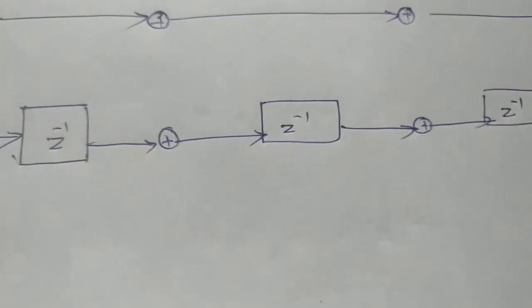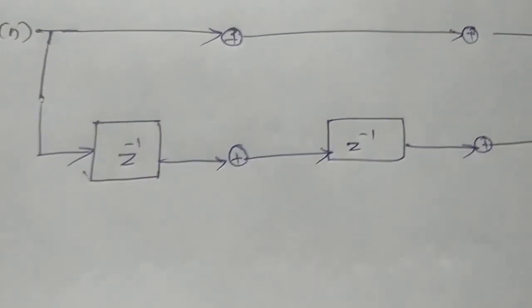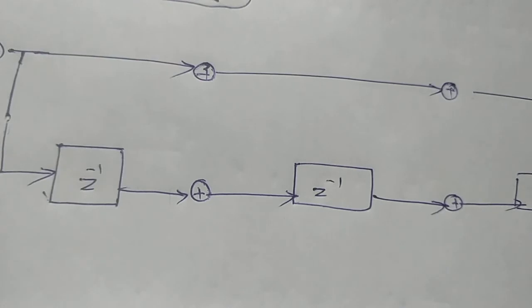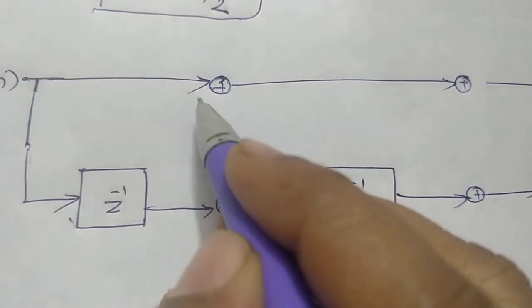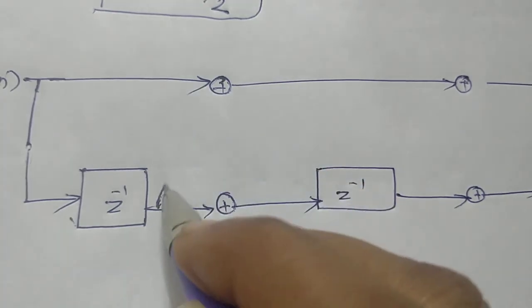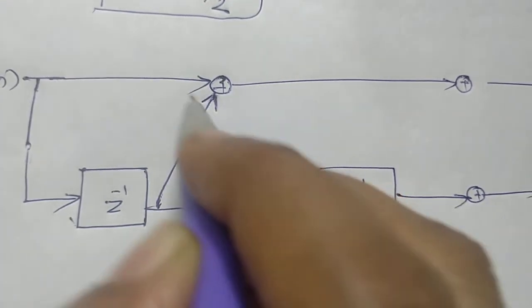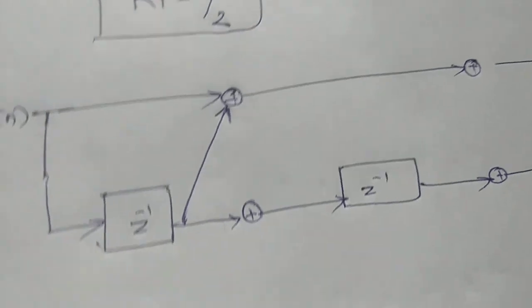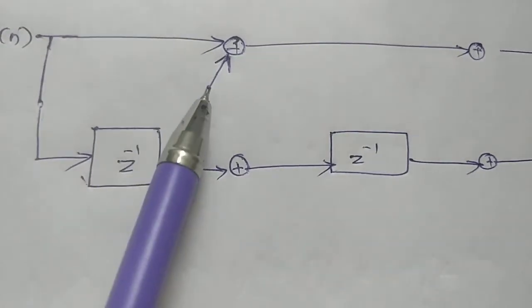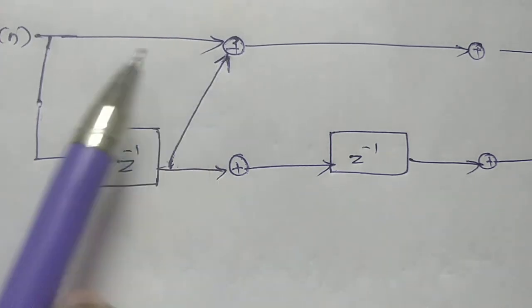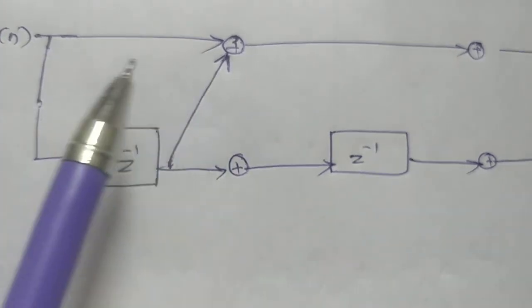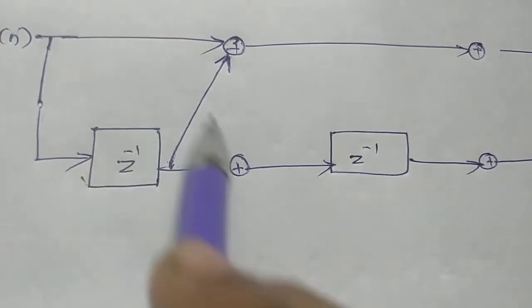Now the K1, K2 coefficients should be multiplied. The first one is the K1 coefficient. In the case of the IIR filter, the coefficient going upward is negative, minus K1. Here both terms are positive.